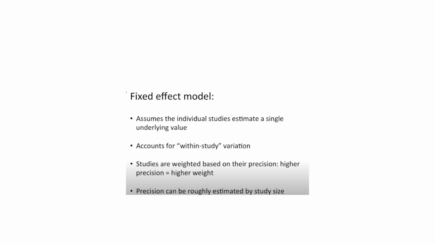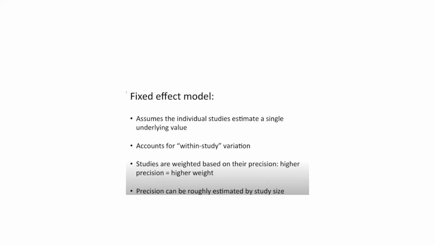So when the chi-square test of heterogeneity is less than 5%, the studies are homogeneous, which means that the studies are similar to each other. So now, which model do you prefer?